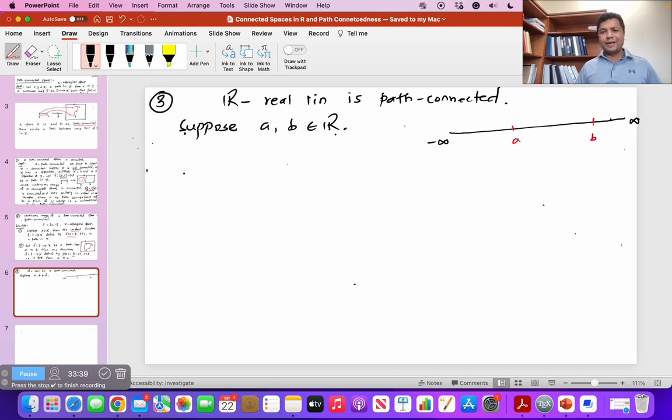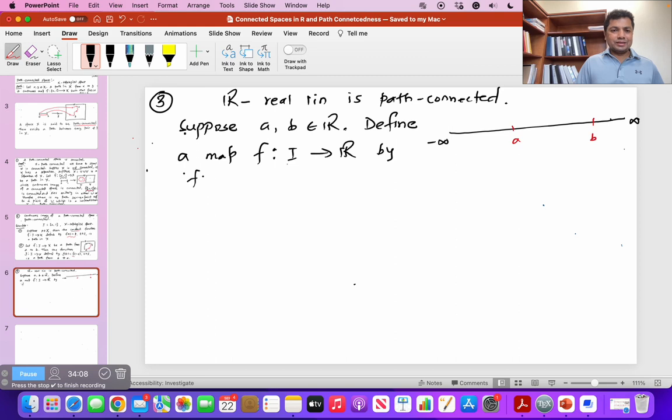But if you want to write that down mathematically, we need to find a continuous function from [0, 1] to R, so that f of 0 is A and f of 1 is B. So to find that function, let's define a function f from I to R by this relation: f of t is (1 minus t)a plus tb for t in I. So we just defined a map from I to R with this relation.